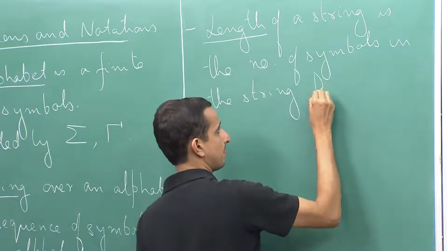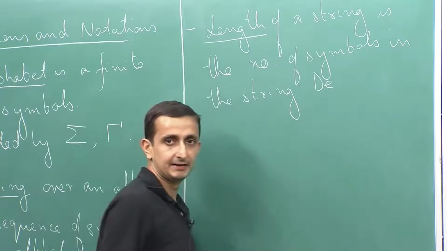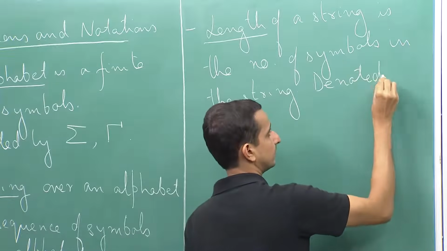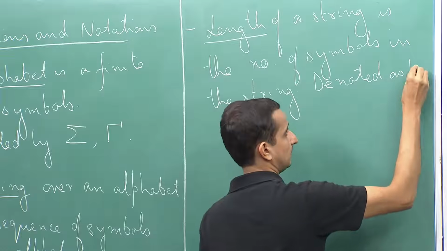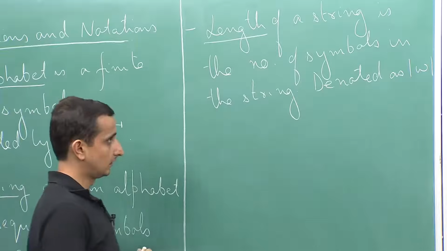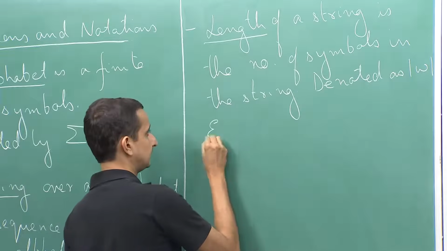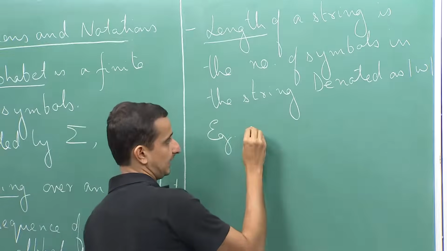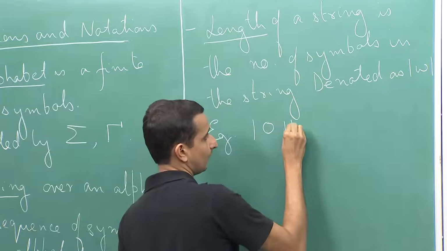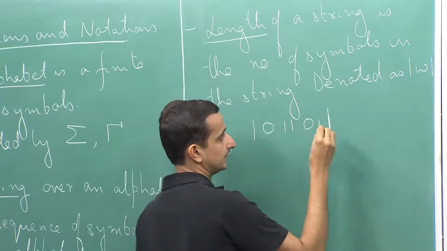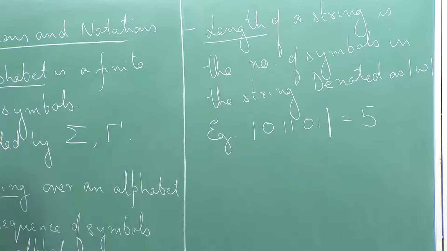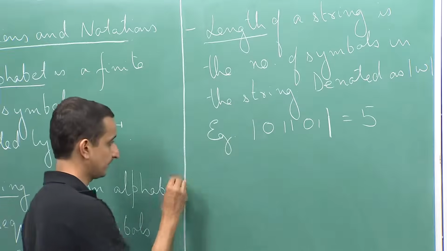So for a string, let's say W, we denote its length as W with a modulus sign around it. For example, the length of the string 0, 1, 1, 0, 1 is 5. It has 5 symbols in it. Okay.